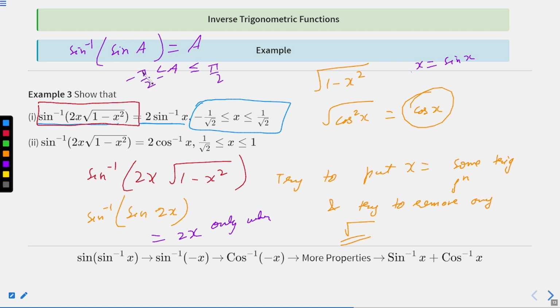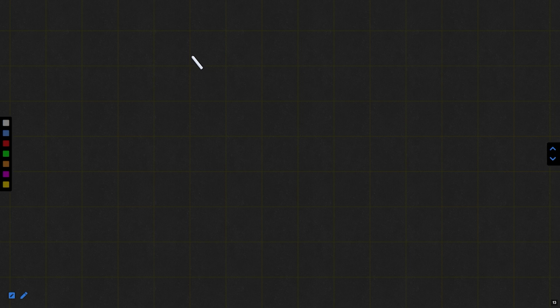Now from this, what I can say is quite easy, that this 2x belongs to minus pi by 2 to pi by 2. This means x belongs to minus pi by 4 to pi by 4.